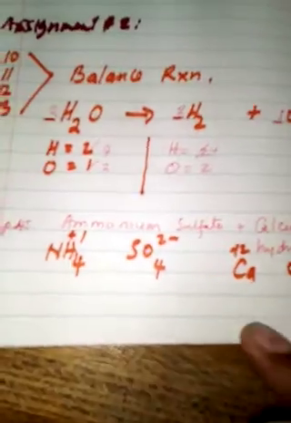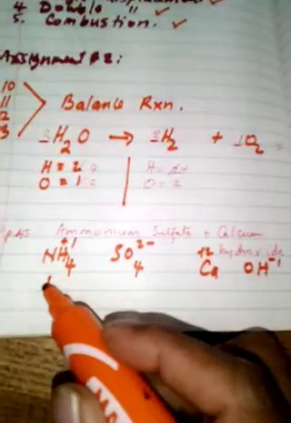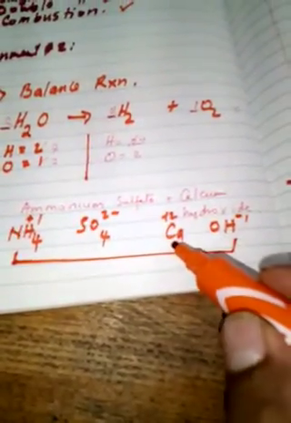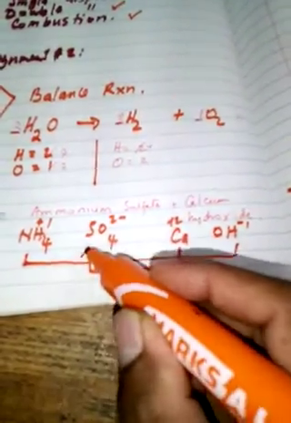Now, you don't know the product yet. Normally, this kind of chemical reaction is an example of double displacement. So what happens is you look at the positive and the negative. The ammonium, the positive charge, will pick up the negative, and the positive here will pick up the negative.